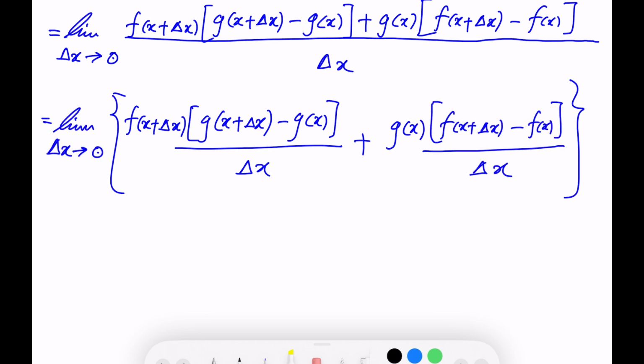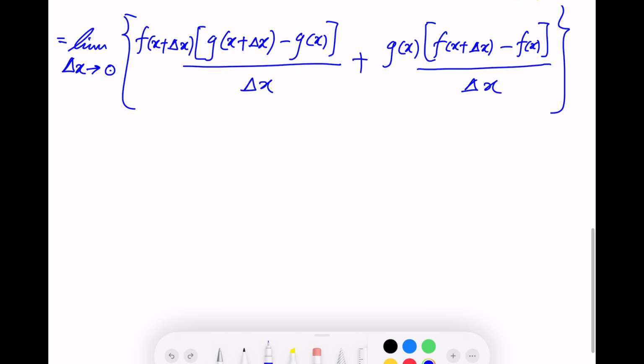And after that, for the rest, which practically means only this part, we can do the direct substitution of delta x equals 0. Then when we do so, this is going to be equal to, from this one, I have f of x times, we identified all of this part as delta x approaches 0 as the first derivative of g of x. So let me write that down as g prime x.